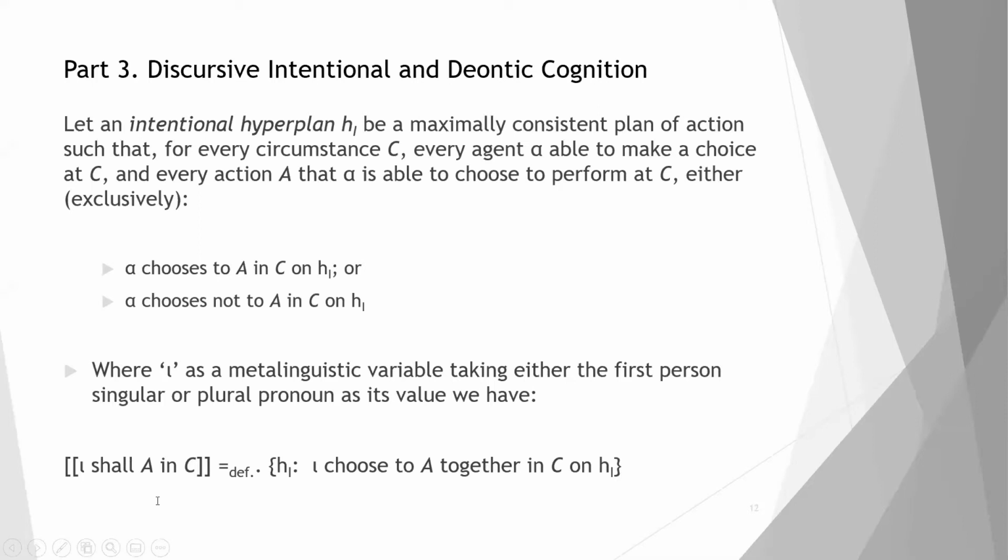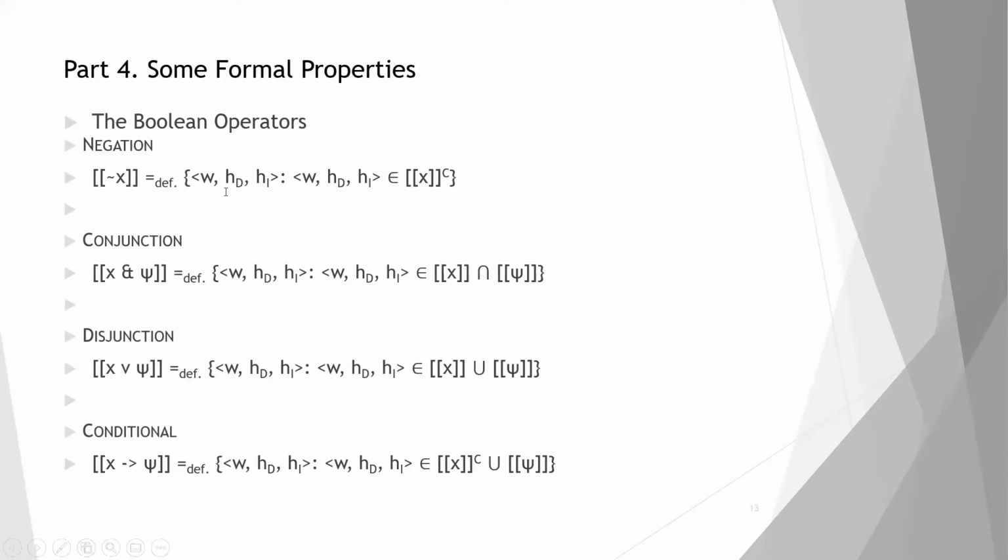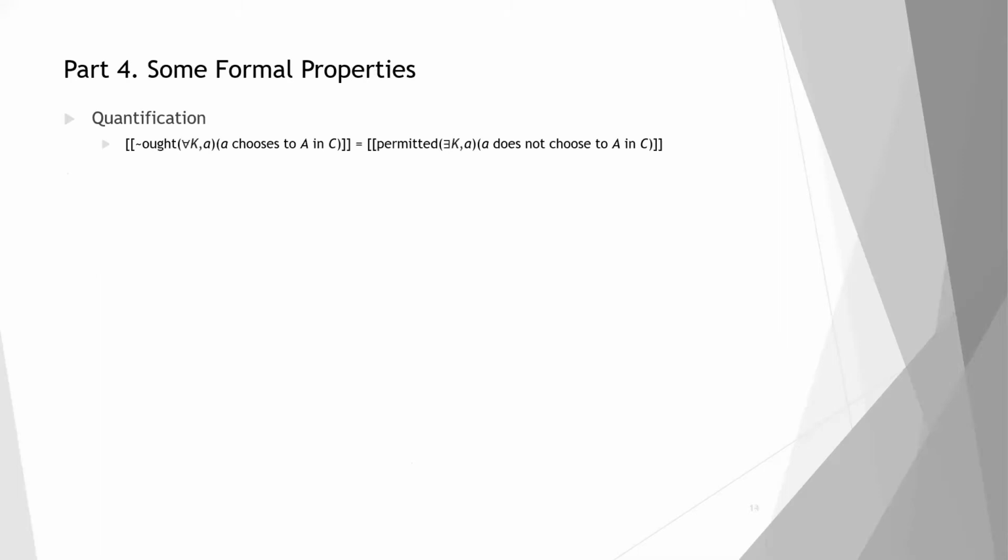So we have to take as our semantic interpretant ordered triples of worlds, deontic hyperplans, and intentional hyperplans. But if you do that, you get all of the regular classical logic defined in terms of operations on sets in the way that everyone's familiar with. Okay, you can then introduce quantification and you get the right kind of equivalences. It's provable that the negation of an obligation is a permission, even when you've got quantification on the scene.